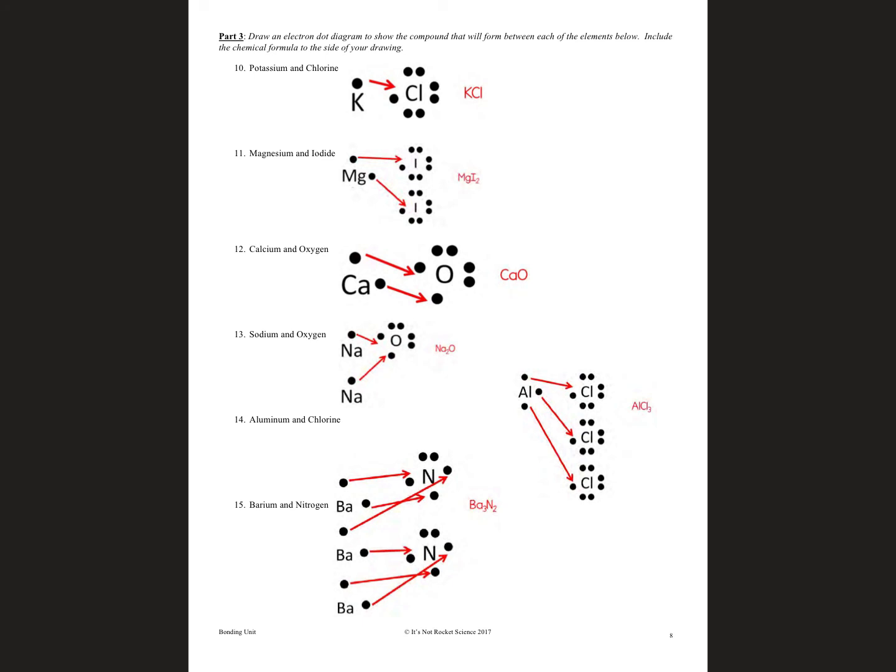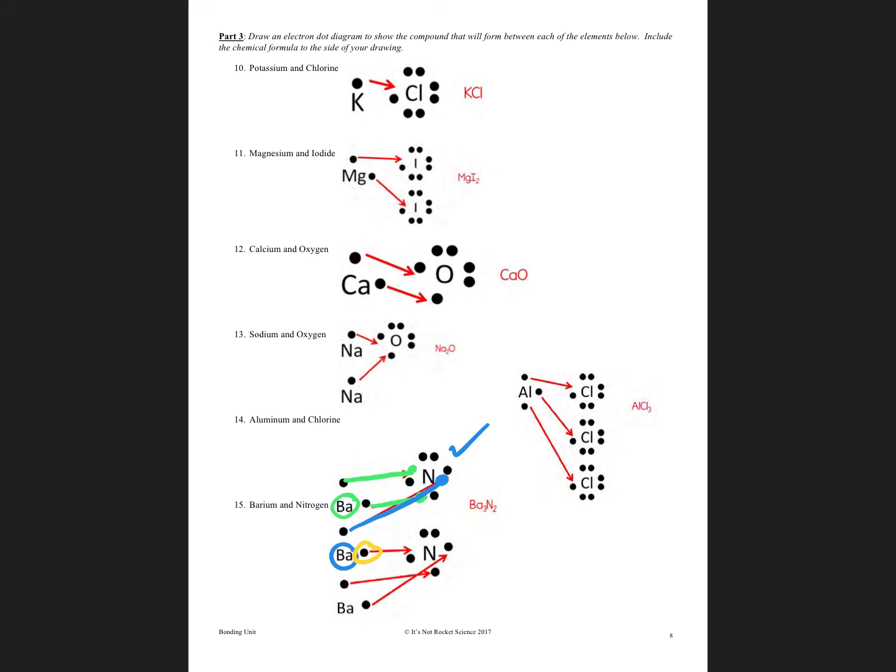This one's really hard to follow. Let's start here. I'm going to take this one and this one from this barium and put it with my nitrogen. I still need 1 more though, so I'm going to add another barium, which I'll do in blue, and put that one here. Now this nitrogen is full, but I still have this electron left. So now I need to add another nitrogen.